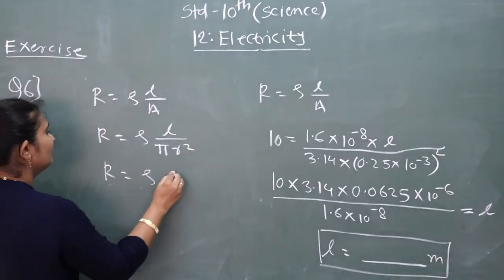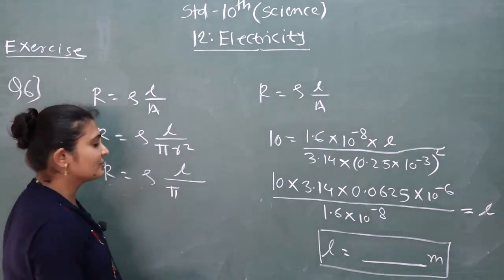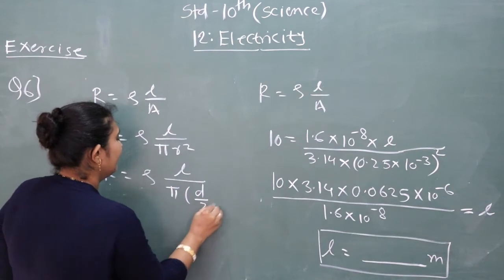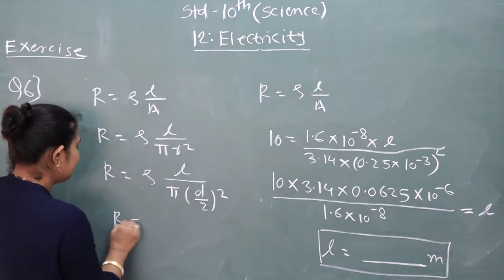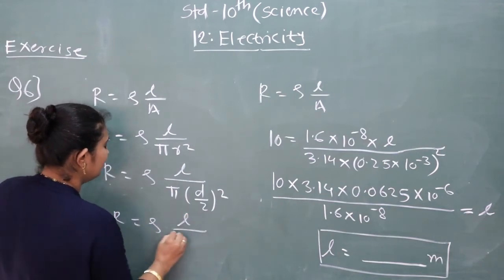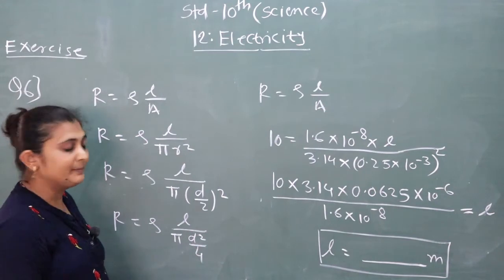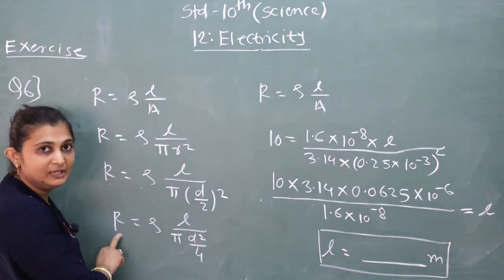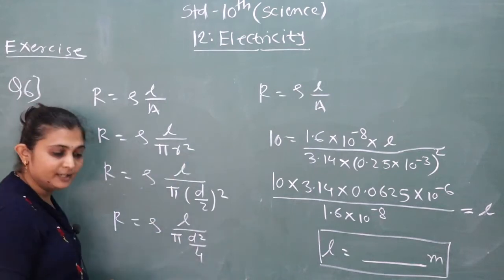We have to give the diameter, so we write R in terms of diameter d by 2 whole bracket square. R is equal to rho L upon pi d square by 4, means resistance will be 1 by 4th when the diameter will be double.